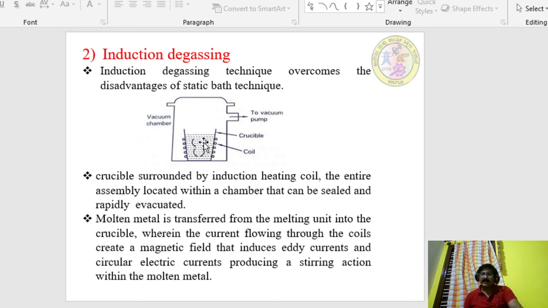You can look at the path of the current, right? The magnetic field induces an eddy current, and a circular electric current produces a stirring action within the molten metal, which extracts the gases dissolved inside it. This is one of the most popular methods in vacuum degassing.